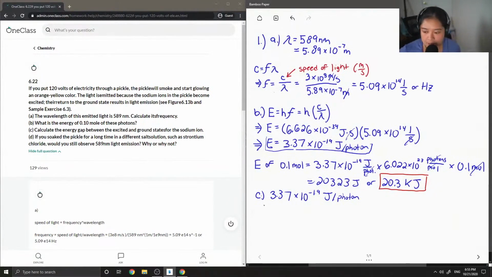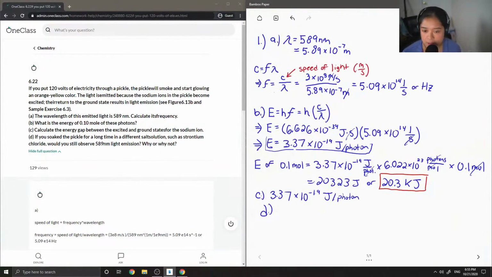And then part D asks, if you soak the pickle for a long time in a different salt solution, such as strontium chloride, would you still observe 589 nanometer light emission? Why or why not?